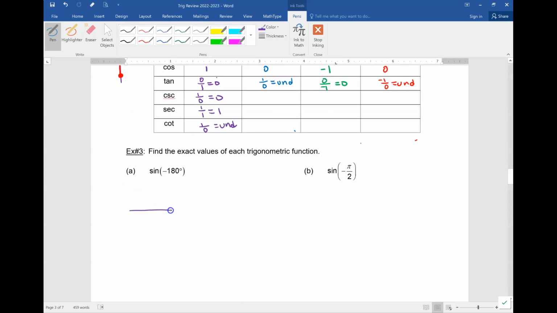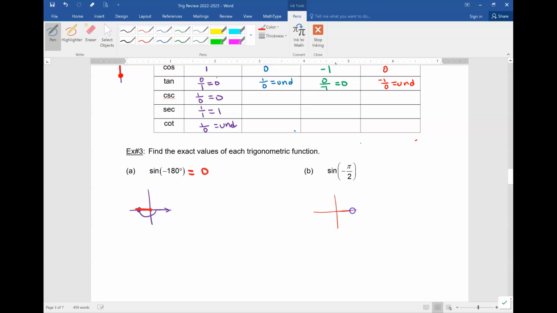So negative 180. If I start here, negative 180 is here. Well, how do I get from the origin to that point? I want sine. Sine is the vertical. How much vertically do I go to get to that point? 0. Okay? All right, negative pi over 2.